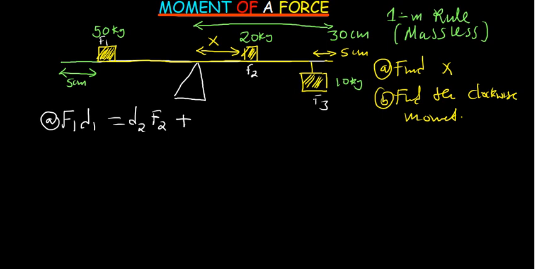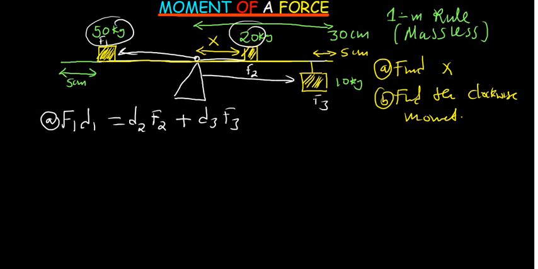Okay, we'll call it d3 and then multiply by F3. So the distance from here up to where the object is multiplied by this force should be equal to the distance from here multiplied by this force plus the distance from here multiplied by this force. Those are what we need to understand. So clockwise moments should be equal to anti-clockwise moments.